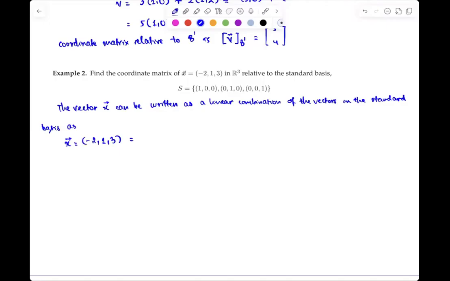Now this particular vector can be written as a linear combination of standard unit vectors. So you can write this as -2 times (1, 0, 0) plus 1 times (0, 1, 0) plus 3 times (0, 0, 1).